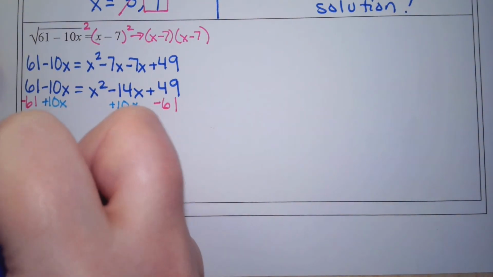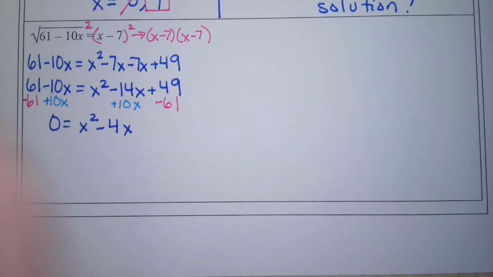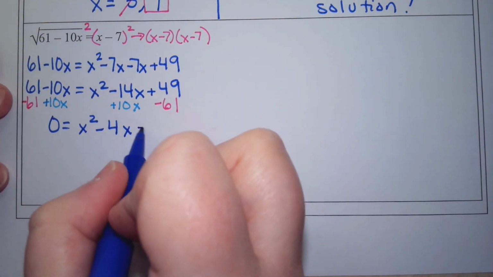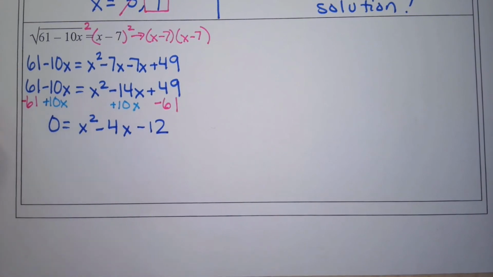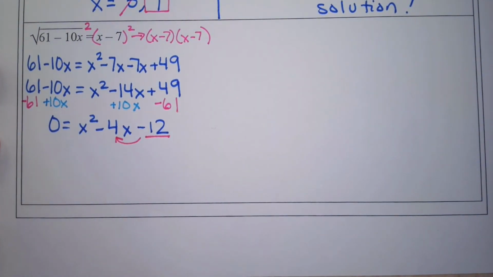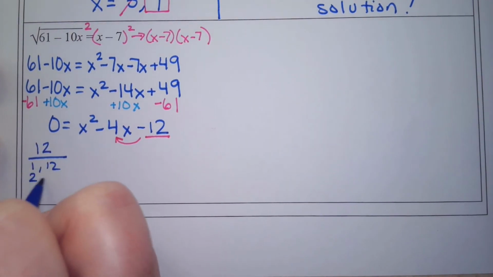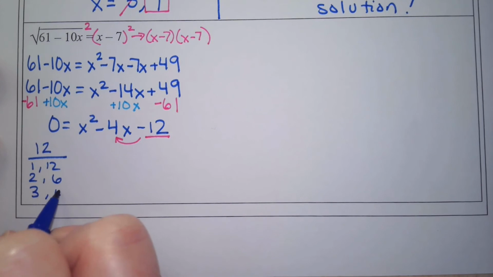So we have 0 is equal to x squared minus 4x minus 12. So we want factors of 12 that will give us minus 4. So we have 1 and 12, 2 and 6, 3 and 4.